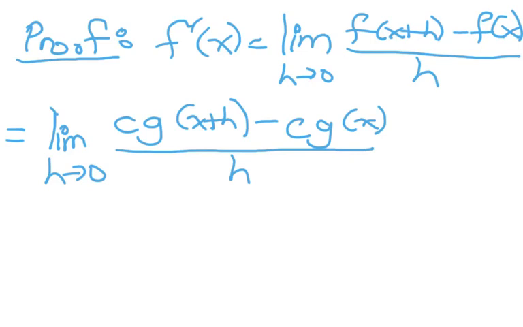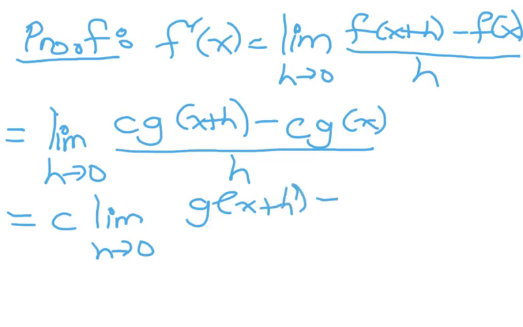If we take a look at the constant multiple here, we notice that it can be factored out. That leaves us with c times the limit as h approaches 0 of g of x plus h minus g of x, all divided by h.